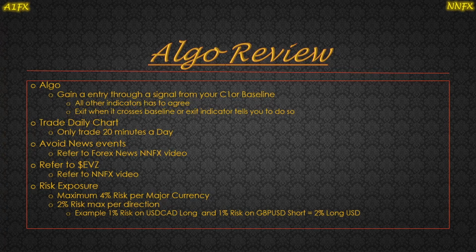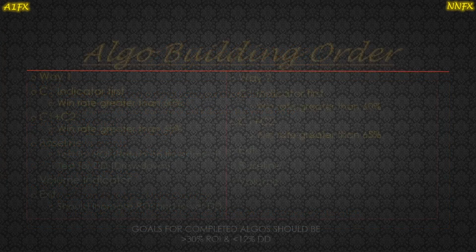So in the first one, the 1% risk on the long trade, we're hoping that the USD gets stronger compared to the CAD. In our second trade, our GBP/USD short, we're hoping that the pound gets weaker and that the dollar gets stronger. So whenever you short a trade, you're buying the second currency that it's being crossed with. And I hope that makes sense. If not, don't be afraid to leave a comment under the video or message me on Discord.